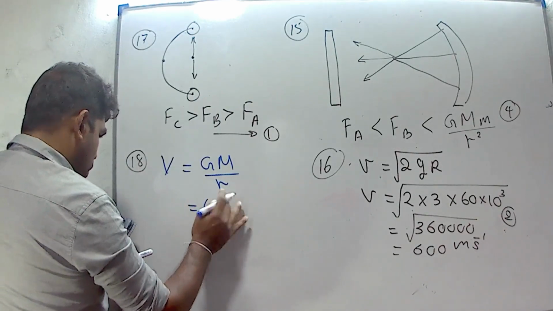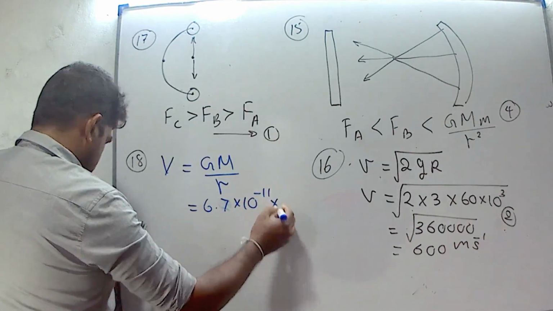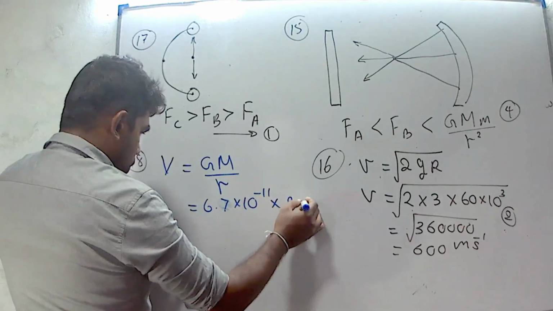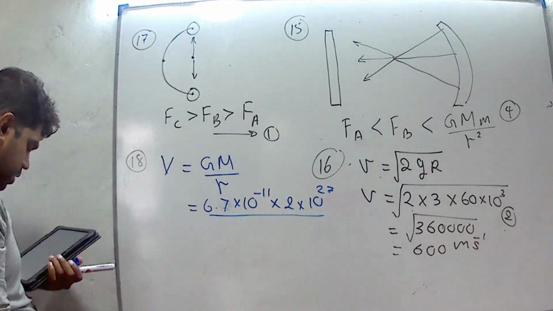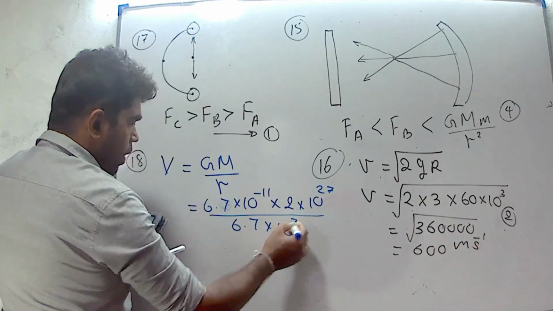G value 6.7 into 10 to the power minus 11. Capital M is the mass of the planet, 2 into 10 to the power 27, divided by the radius, 6.7 into 10 to the power 7.